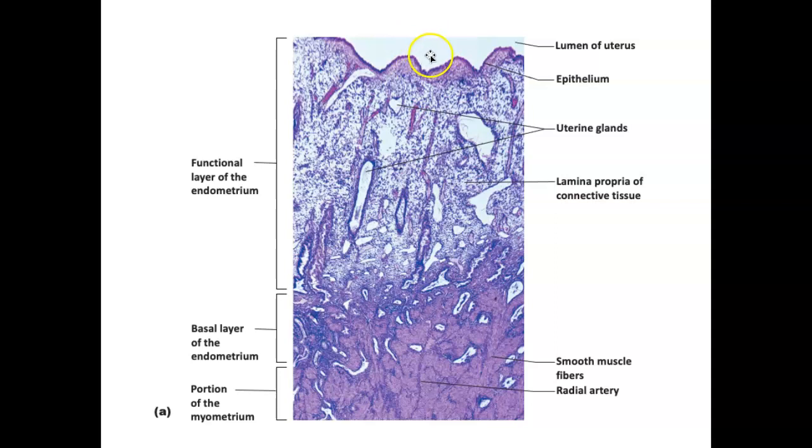But if the uterus does not receive a fertilized egg, we don't need this functional layer anymore. Its job was to prepare for implantation of the fertilized egg, and if that doesn't happen, you slough this layer off in the menstrual cycle, and the basilar layer will create a new functional layer for the next month's potential implantation.